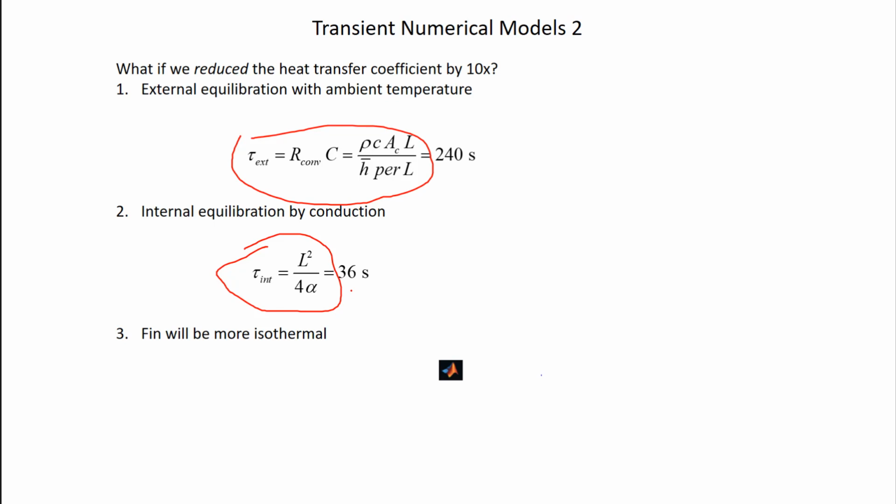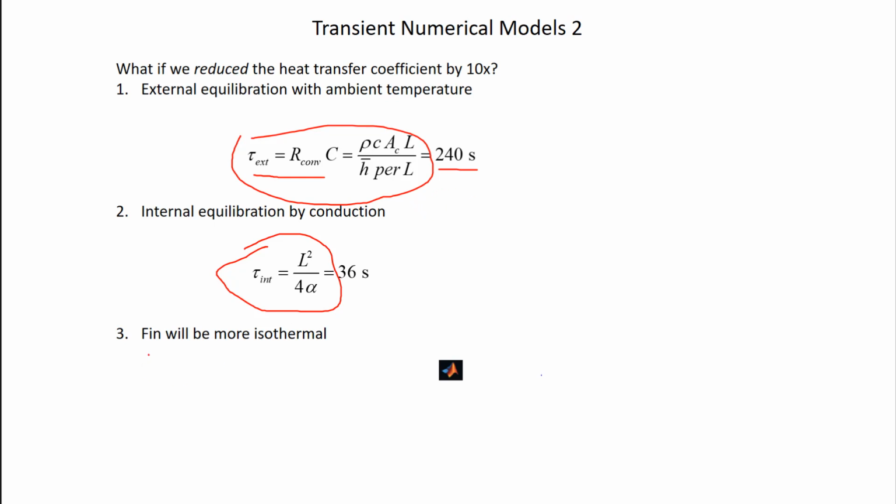The thermal wave is still going to move from the base to the tip over about 36 seconds, but it is going to change how long it takes to come to equilibrium with the surroundings, and that's going to take now, instead of 24 seconds, about 240 seconds, right?